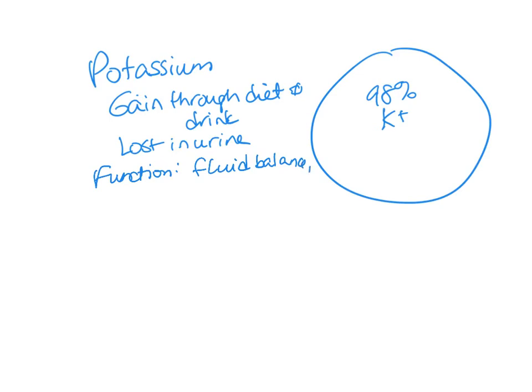It's also important for nerve signals. And it's also important for muscle contractions. So if you think back to all the physiology that we learned, you remember that we talked about potassium helping to maintain that resting membrane potential and being involved in action potential generation as well as muscle contractions.